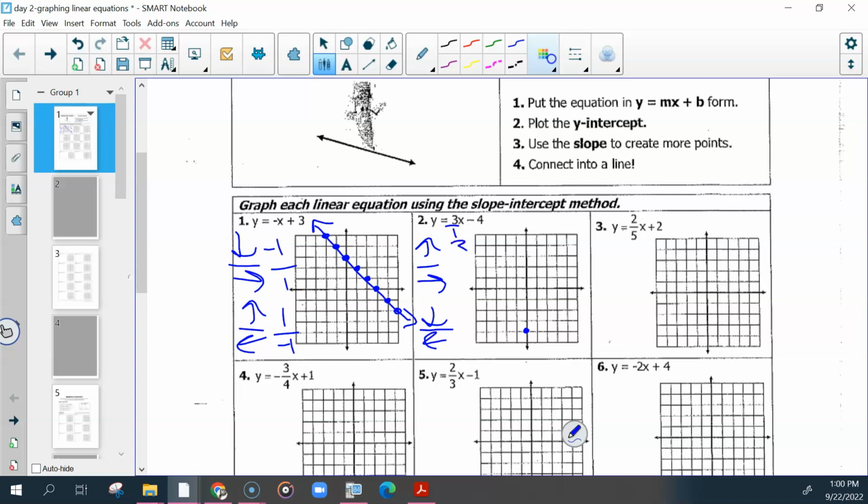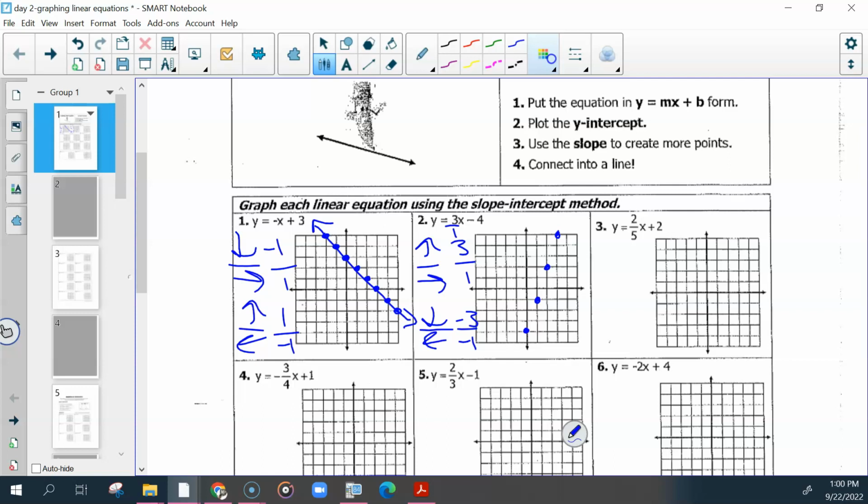So this would be up 3 to the right one, or down 3 to the left one. I can definitely go up 3, right one, as many times as possible. You can get a ruler. It might help.